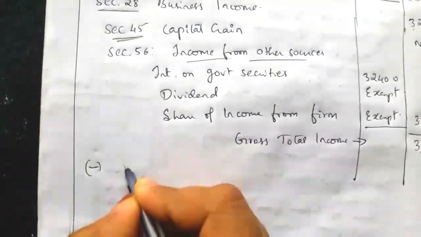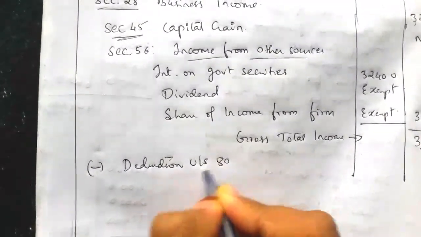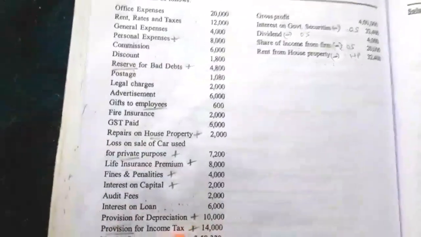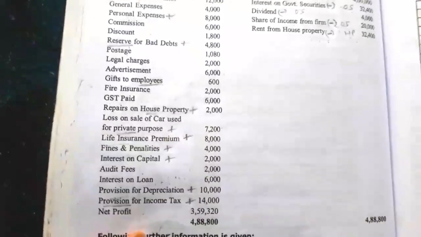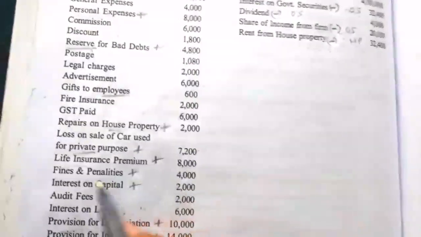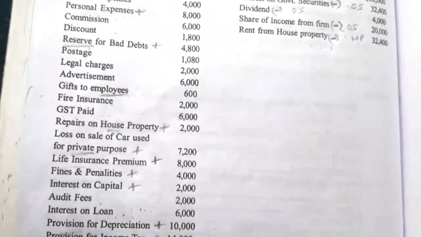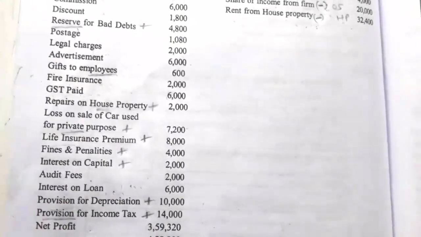To calculate the total income, now we have to deduct the deductions under section 80. If there is any deduction under section 80, then we have to deduct it. For deductions under section 80, we have to see the debit side. Deductions mean that for any expenses or payments made by a taxpayer, he can claim deductions. Here we can see the life insurance premium. Kumar has paid an LIC premium for the life insurance policy taken. For this premium he can claim deduction under section 80C.